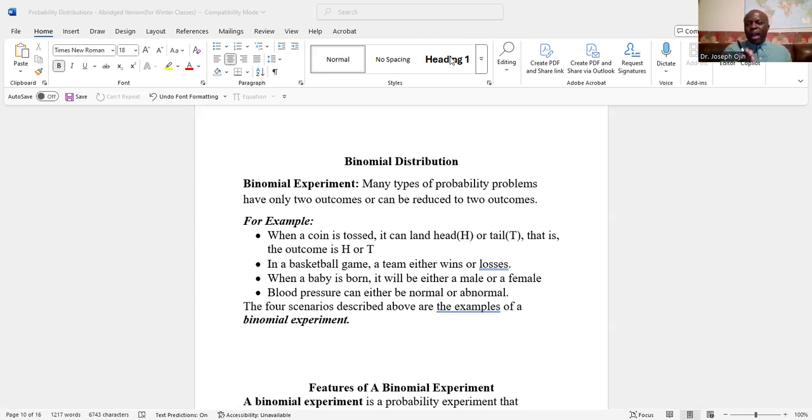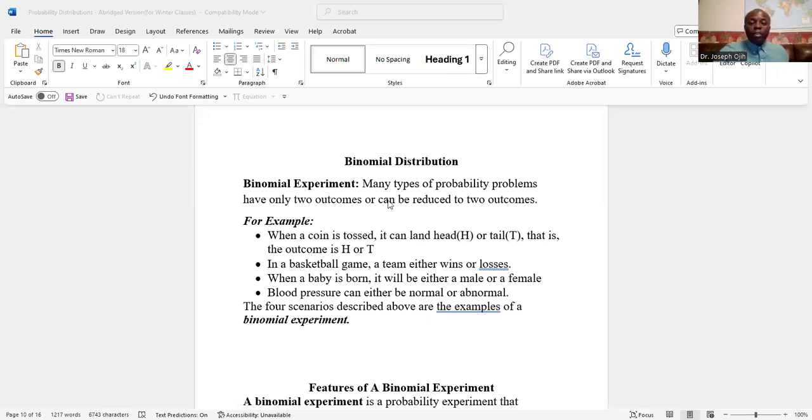That's where the "bi" comes from, by two, double. That leads us to the binomial experiment. For example, when you toss a coin, there are two outcomes, head or tail. That's how it will land. Head or tail.